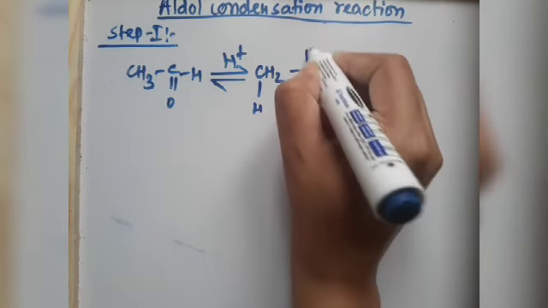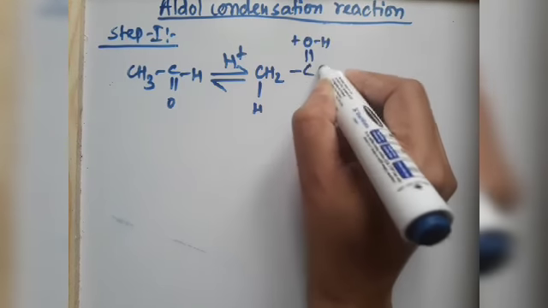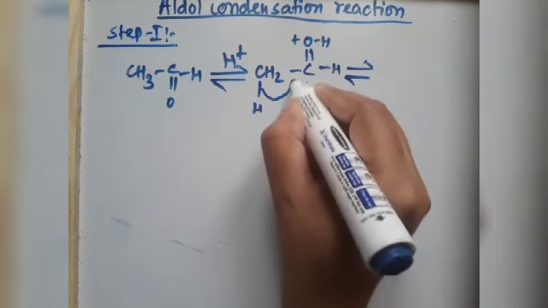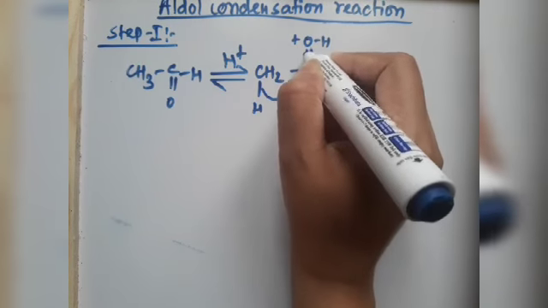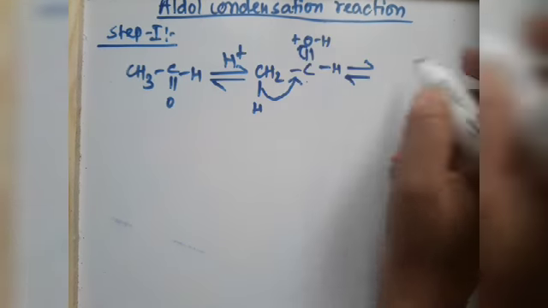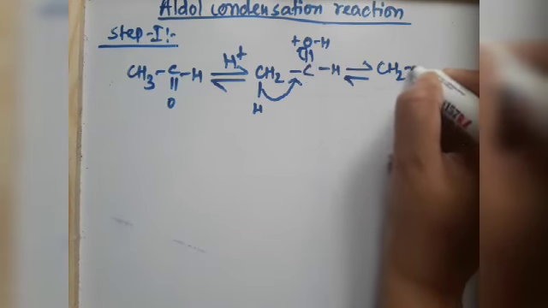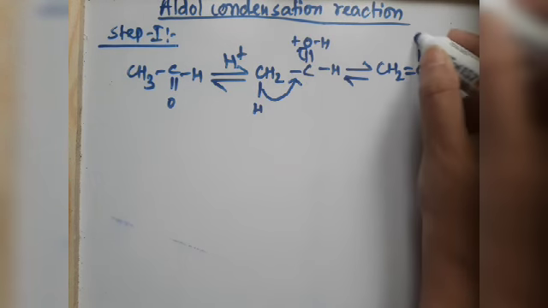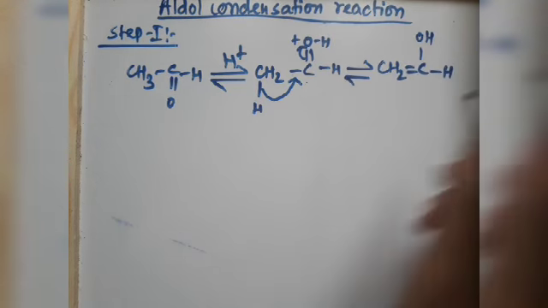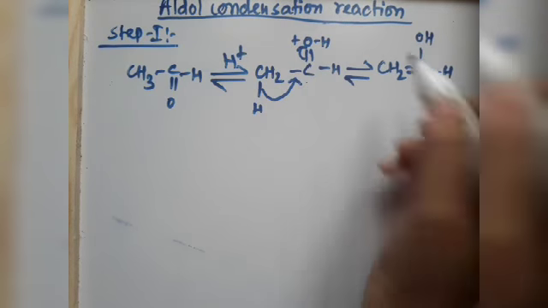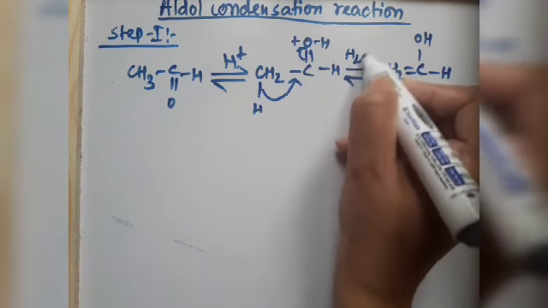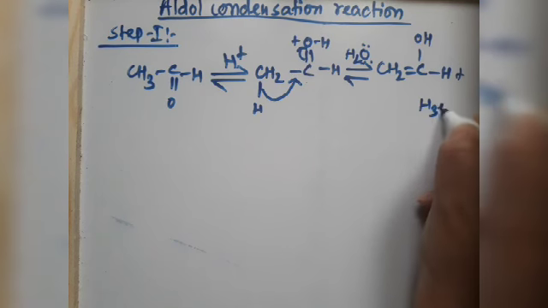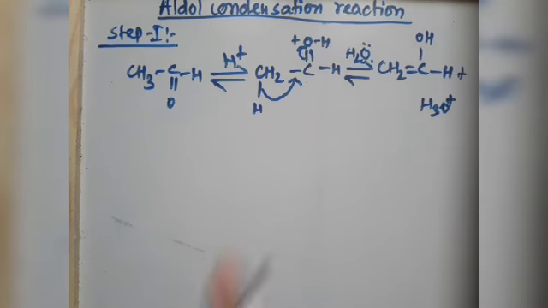You can understand in the next step. So that we can write it like this. Okay, OH, H. And if water is present in the medium, that will be liberated as H3O plus, because this is also liberated.